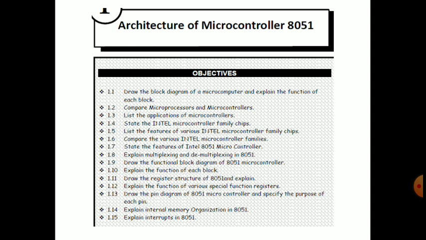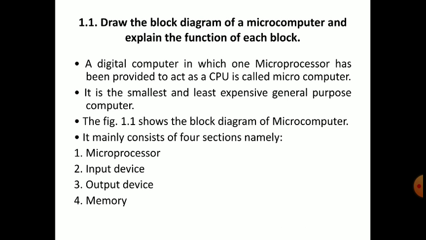Then afterwards we will move on to the specific microcontroller, that is 8051. So after completion of half of the topics in this first chapter, then we will go to the specific 8051.